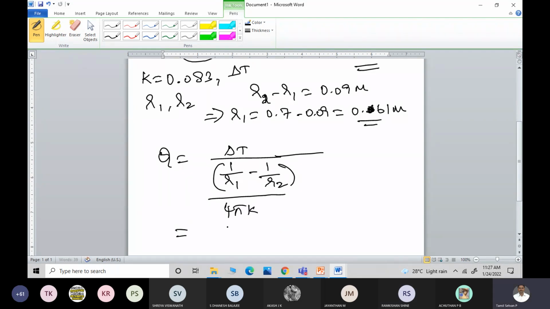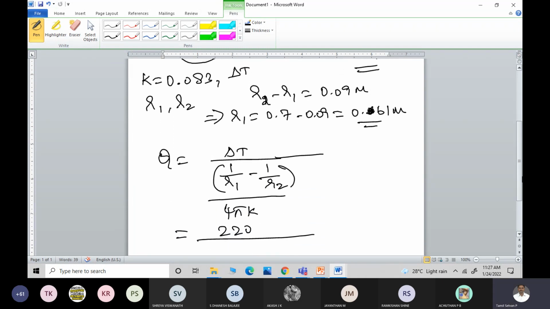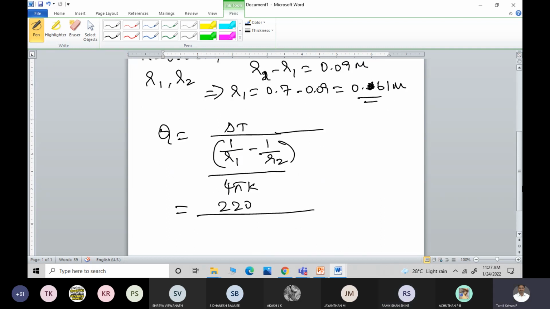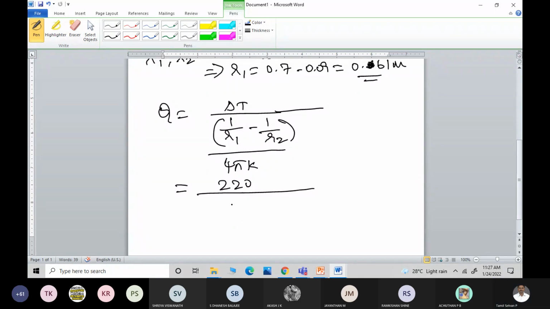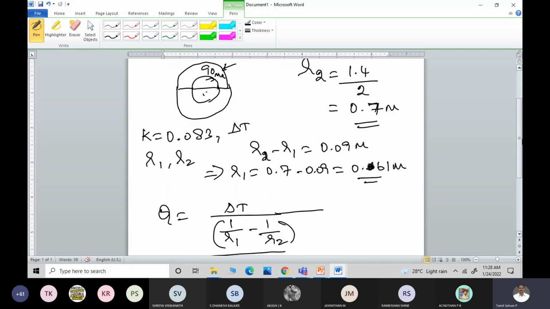So 220 divided by 1 by 0.61 minus 1 by 0.7, divided by 4 pi k. Thermal conductivity is given as 0.083.